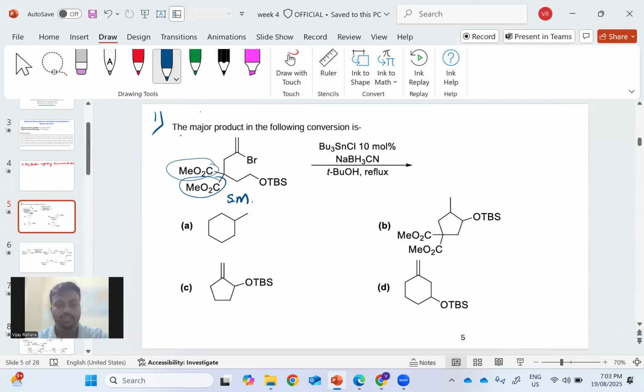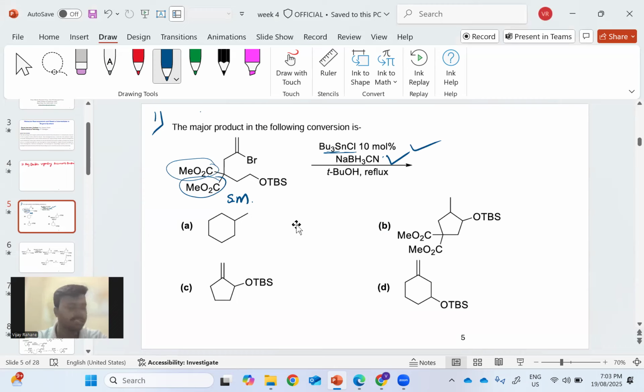So two ester groups along with an olefin, a bromo olefin, with bromo substitution at its position, and its reaction with Bu3SnCl, tributyl tin chloride, 10 mole percent, and sodium cyanoborohydride, NaBH3CN. Among these options, you need to find the correct answer.